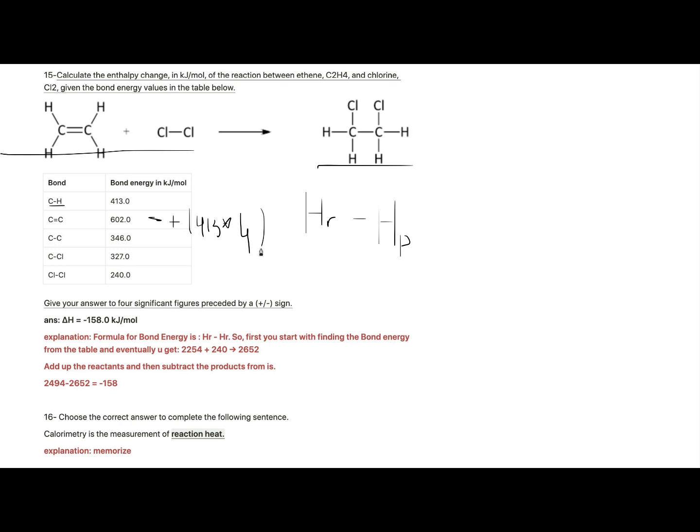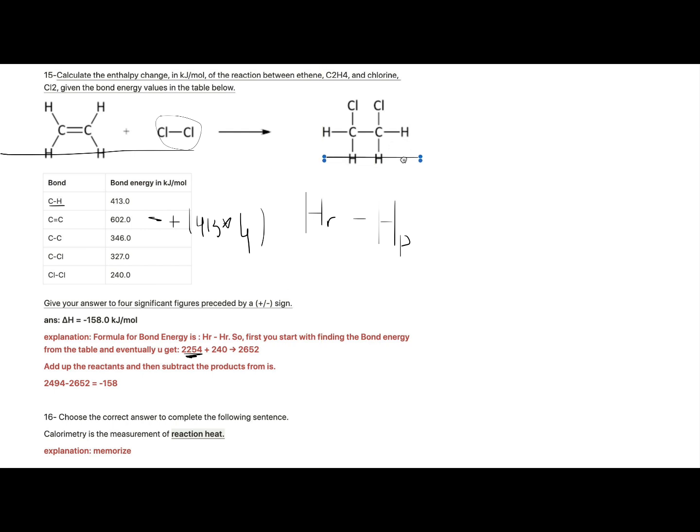After you do that, you're supposed to get 2254, plus 240, which is just chlorine to chlorine right here. So it's 2254 plus 240.